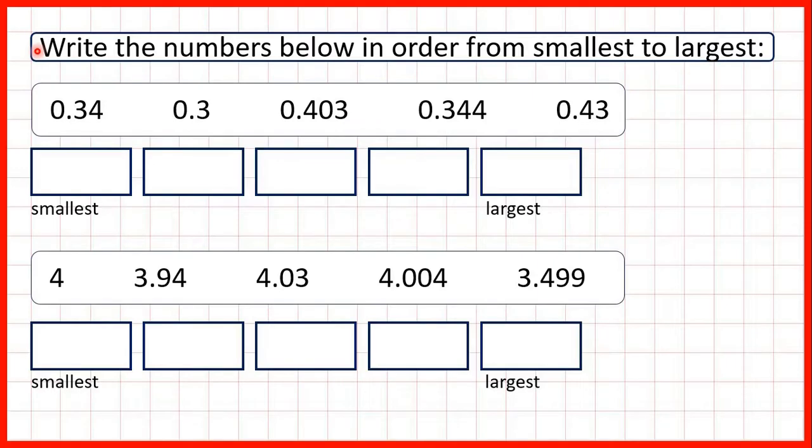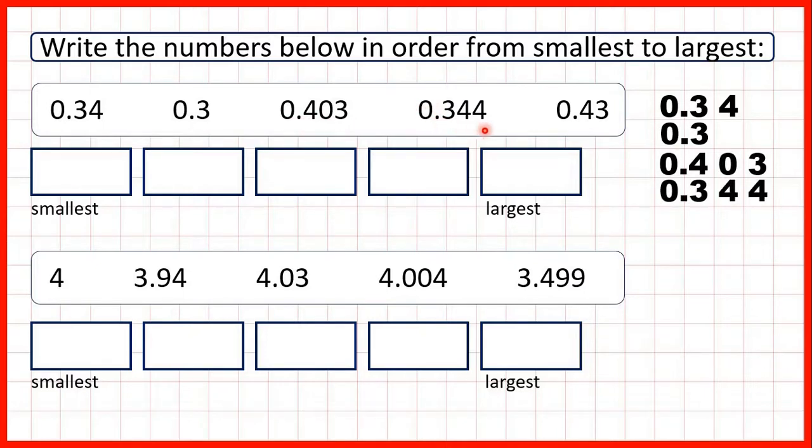We need to write the numbers below in order from smallest to largest. So here we're ordering decimals, and the easiest way to order decimals is to write out the numbers one below the other with the decimal points lined up. So we have 0.34, 0.3, 0.403, 0.344, and 0.43.